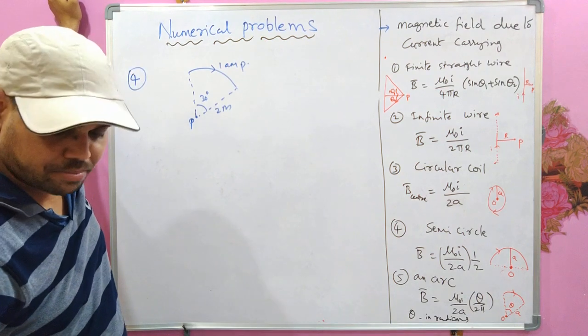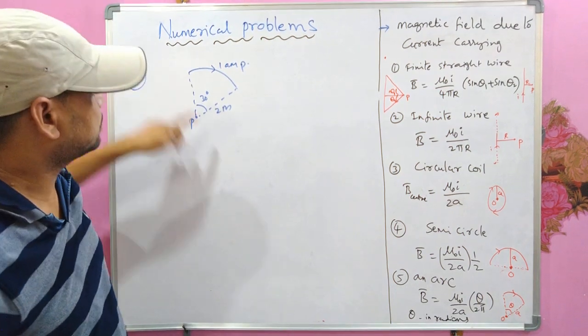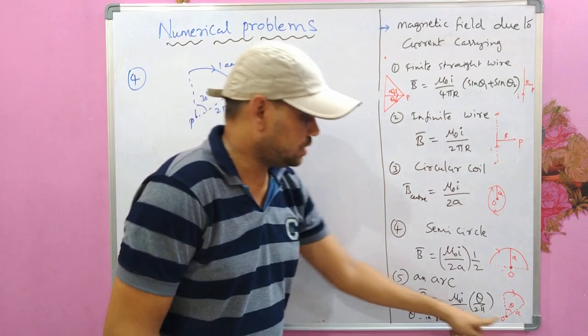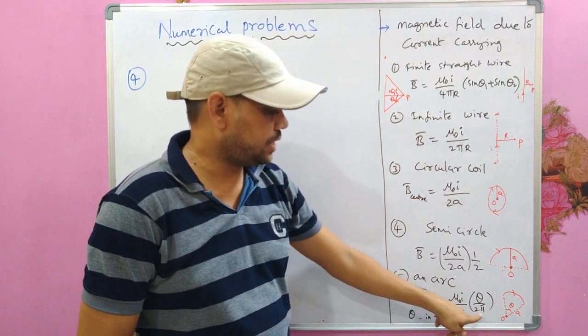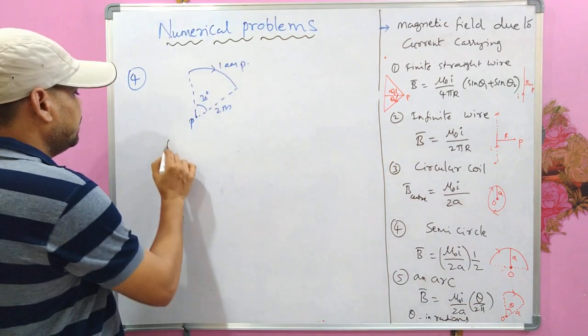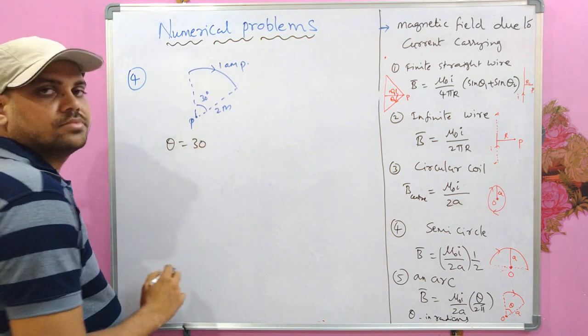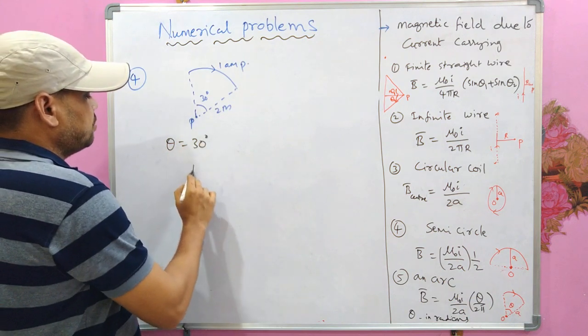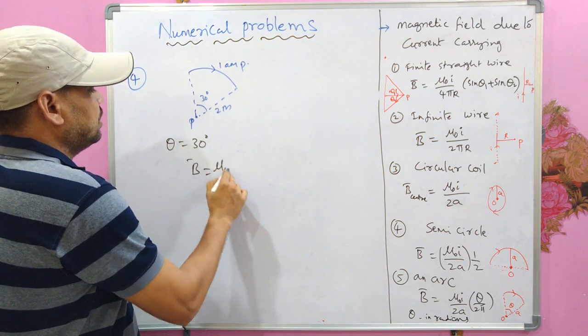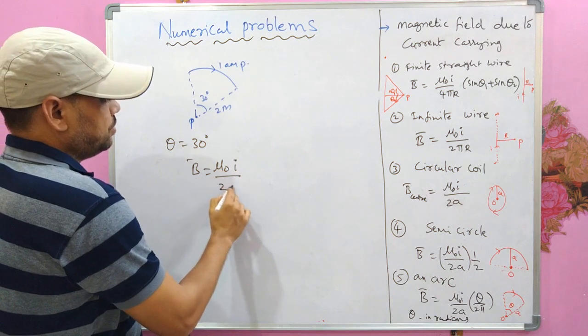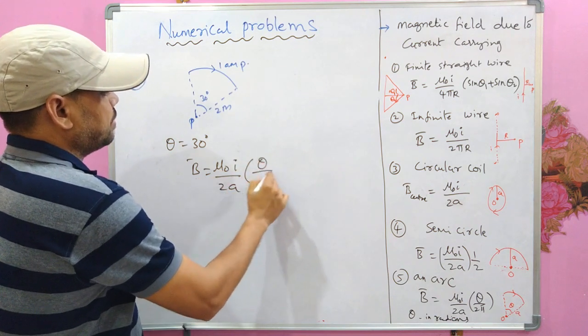To find the magnetic field due to this, you have to use this formula, mu naught I by 2a into theta by 2 pi. Theta here is 30.